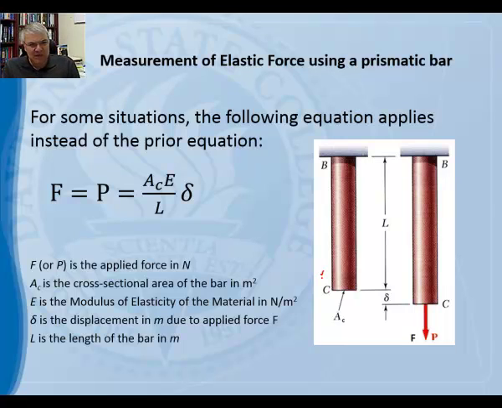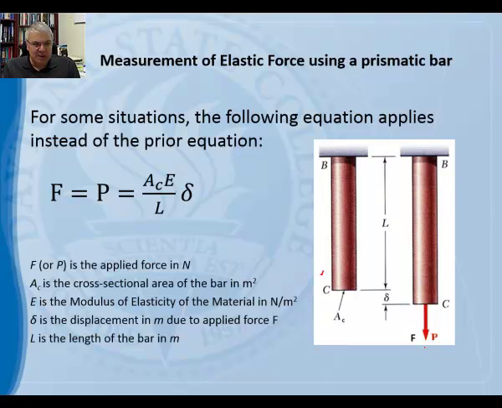That bar BC is prismatic, meaning that it would have a constant cross section throughout before we apply the force to it. We call that cross section A sub C, and as a result of an applied force F, interchangeably referred to as P, there would be a small amount of displacement.